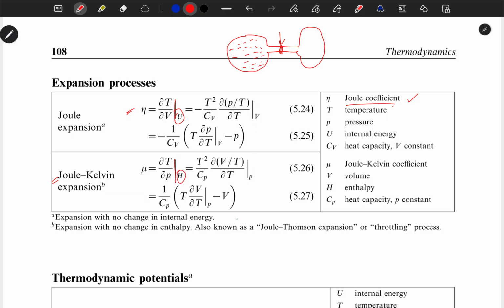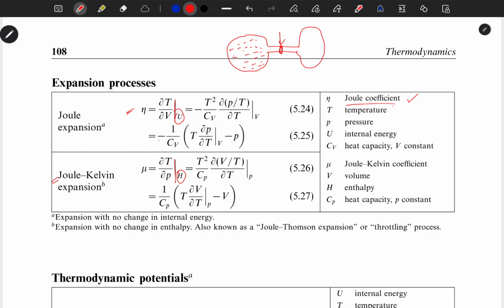We will get the following expression. For constant internal energy, we have minus P and dP by dT, and for constant enthalpy we have V, and there is a difference: constant volume and this is constant pressure.